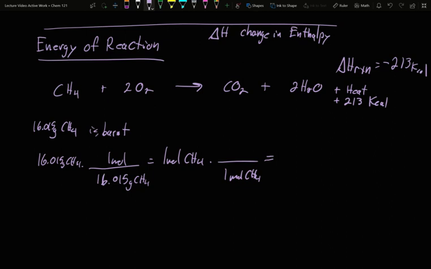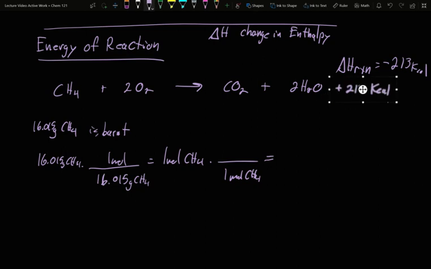Now, we said our delta H was negative 213. Well, that's because the atoms lost it. There still is physically 213 kcals, so when you write it as its own product, it's positive. But that is no longer in the atoms, so the delta H of reaction says that the atoms lost that 213.